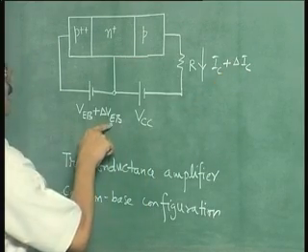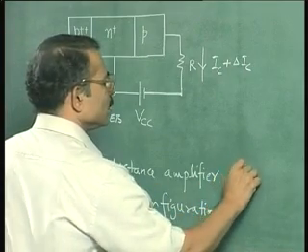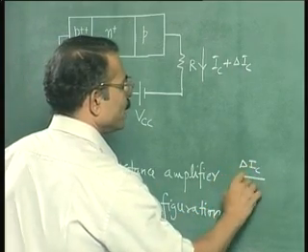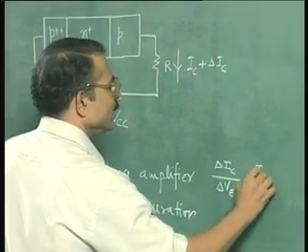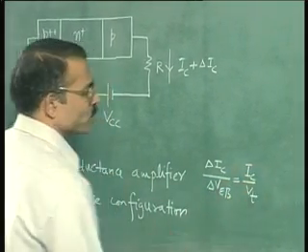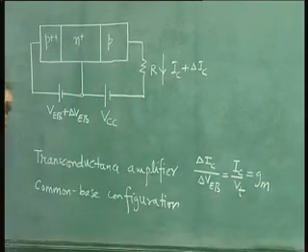The increments delta VEB and delta IC are related as delta IC by delta VEB equal to IC by VT. This is what we have shown. This is the so called transconductance of the device.